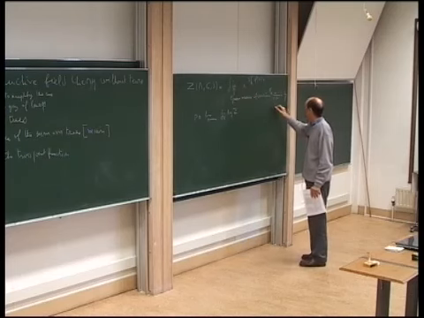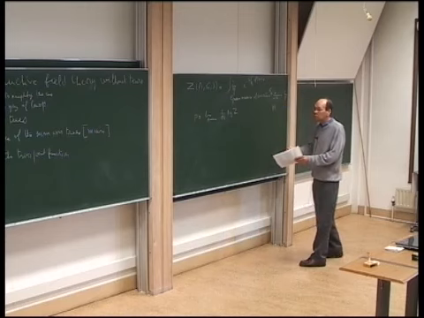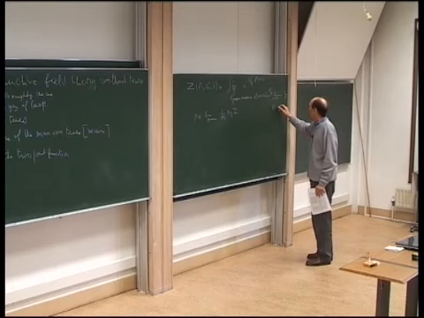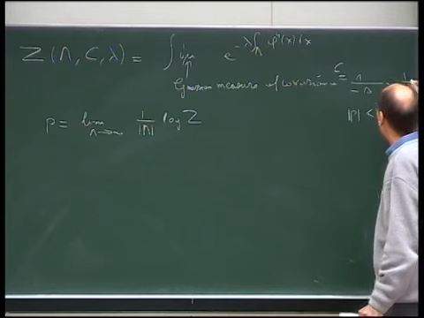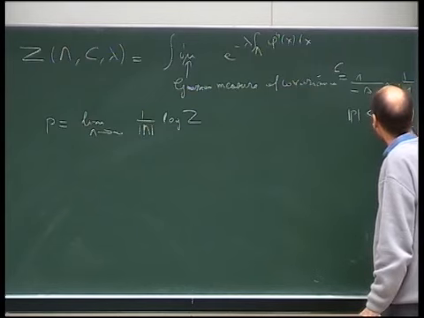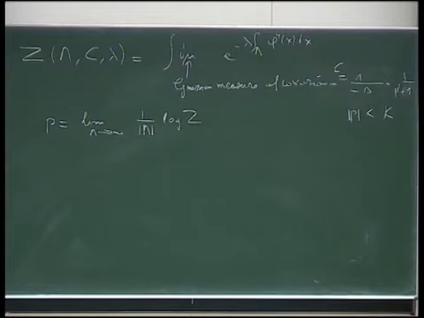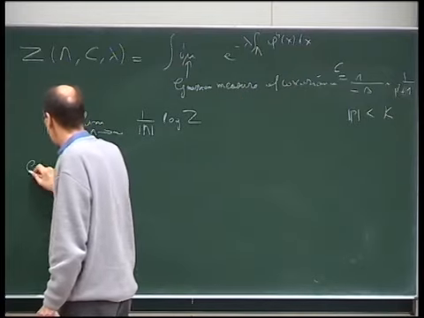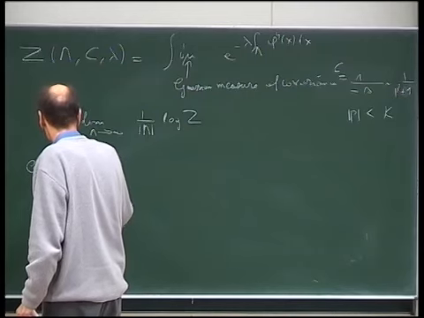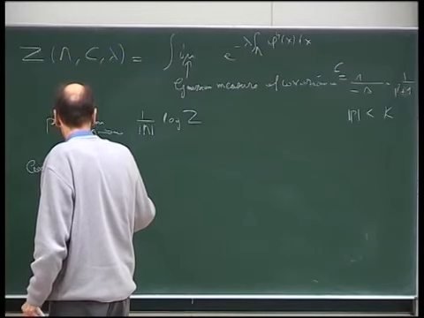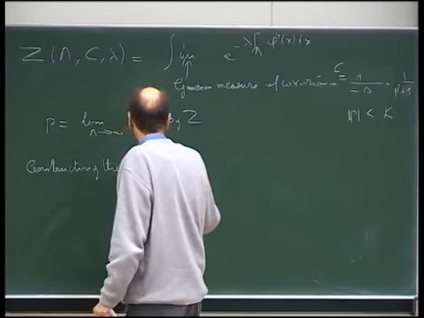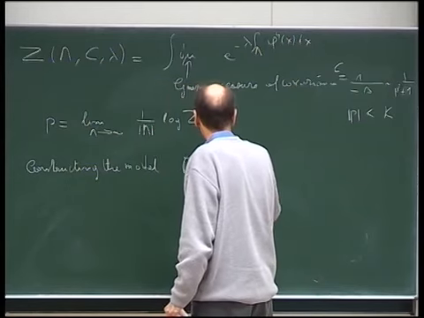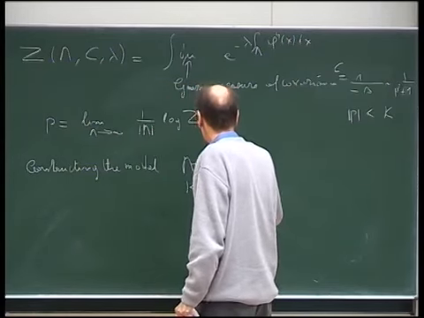This is shown generally by putting, in some more or less soft way, a cutoff on p. So you put p squared plus 1 in order to have no infrared problem, and then you say p smaller than kappa. And then constructing the model in fact means taking the limit lambda to infinity and kappa to infinity.